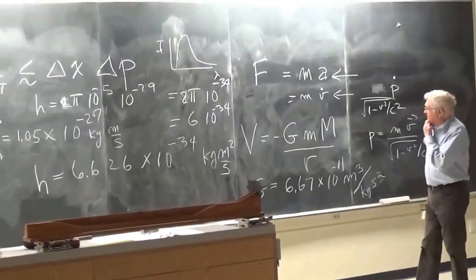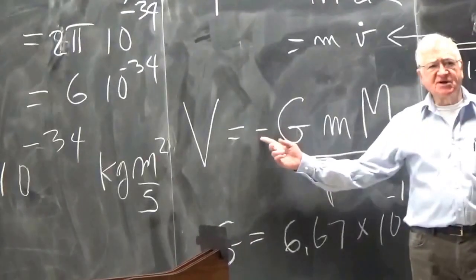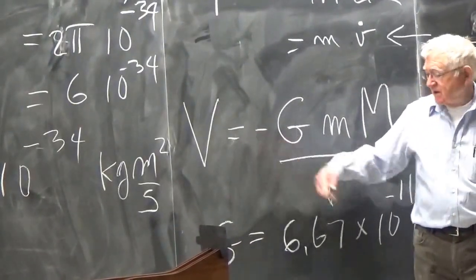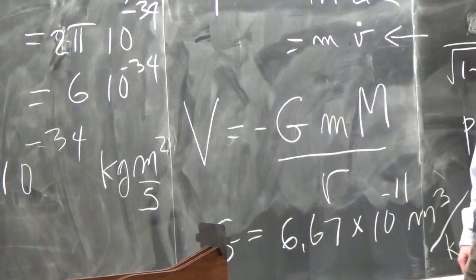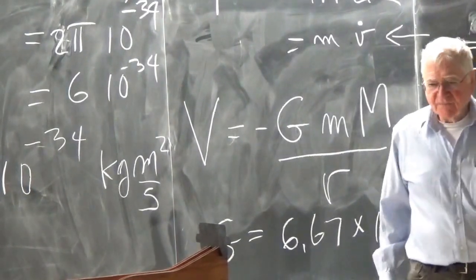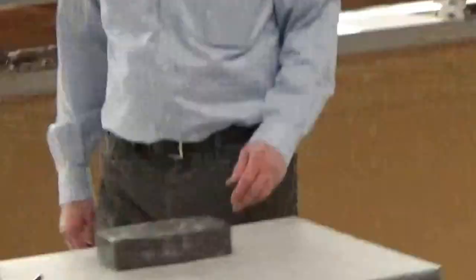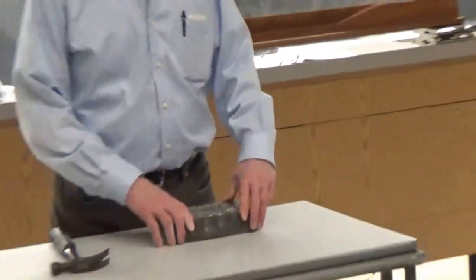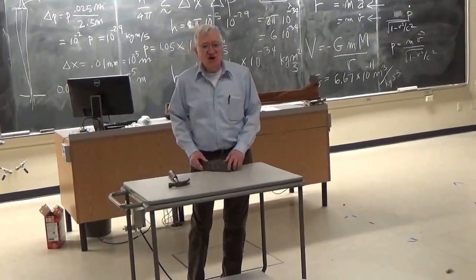Now, I described energy in various ways. This is gravitational potential energy. You see, because of the minus sign, it's negative. You can imagine doing some work. Well, what is work? It is force times distance, and it in fact represents a change in energy.